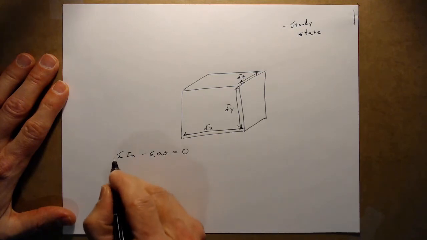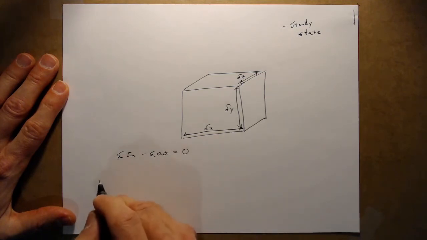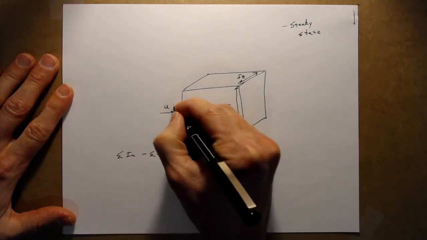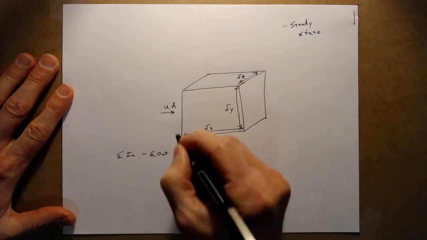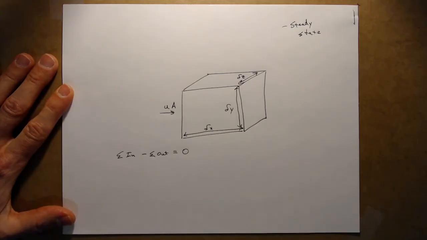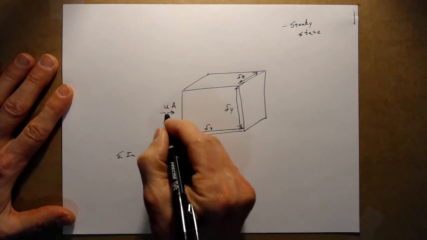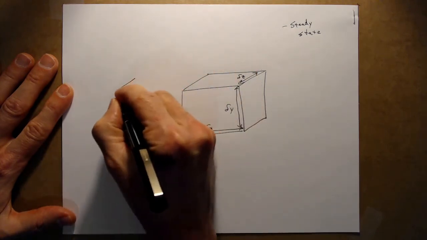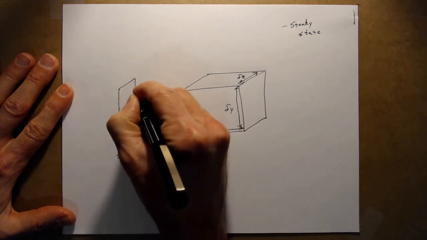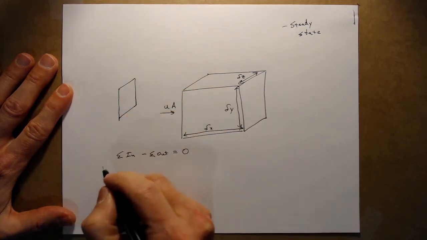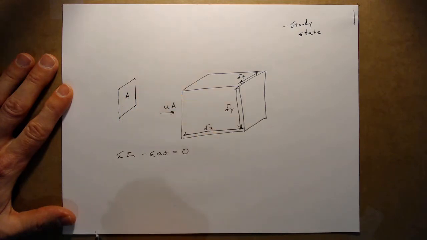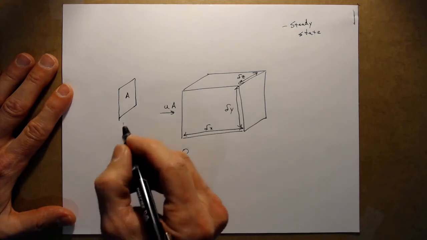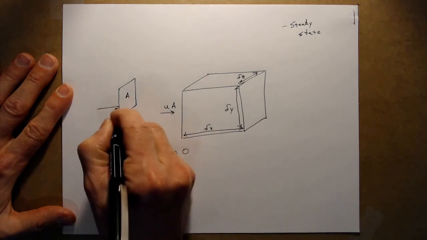Well, the rate at which volume is entering into the system is just going to be given by the velocity times the area of the face that we're considering. And if we want to convince ourselves that this really is the rate at which volume is entering, we can consider any surface or segment of a surface with an area A and think about how much fluid passes through that surface in a given period of time, delta t.